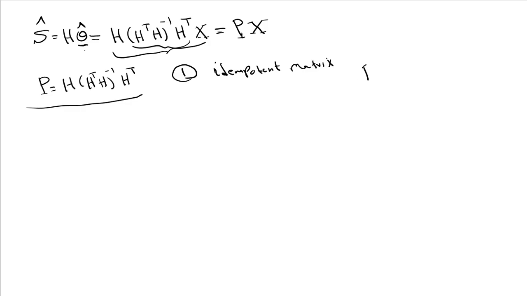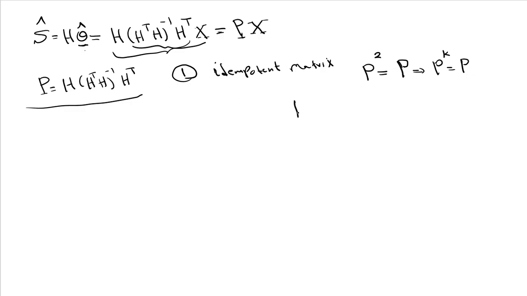It means P power of 2 equals P. We can deduce P power of K equals P. Why is this true for a projection matrix? Because when we project a vector to a space, if we project it again, it doesn't change anything.